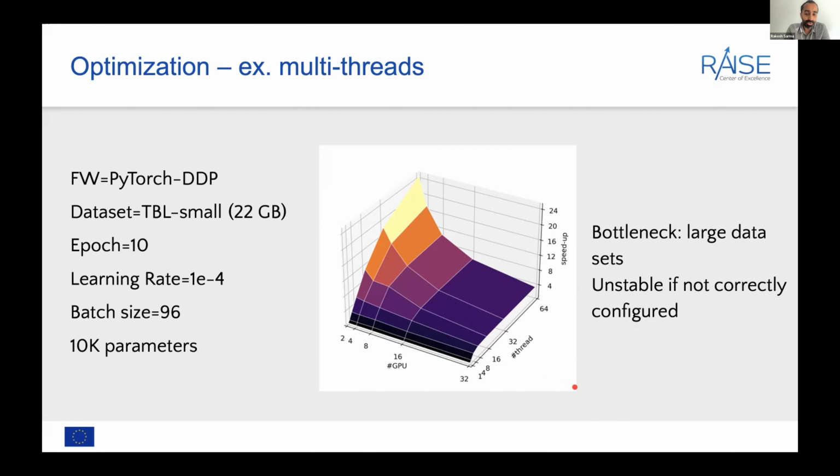But this should, of course, be tested for each individual case, and I would really encourage you to do some tests of this sort, which help you to figure out this number. But it really helps us to achieve significant speed up compared to not using any CPU workers for the data loading phase.